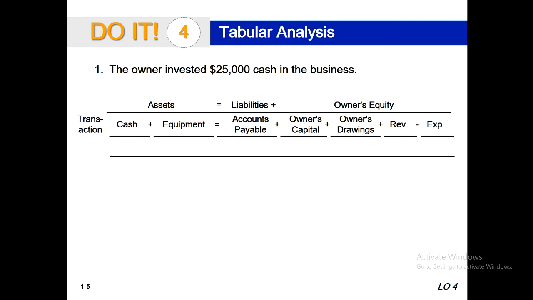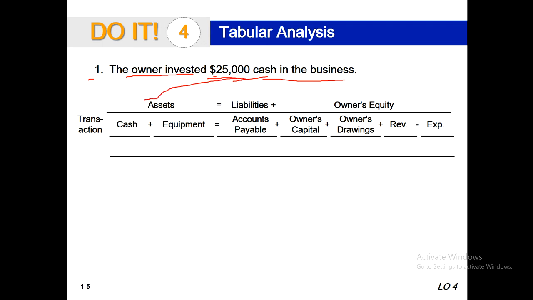Now tabular analysis. Number 1, the owner invested $25,000 cash in the business. So for these transactions, he invested $25,000 in cash.